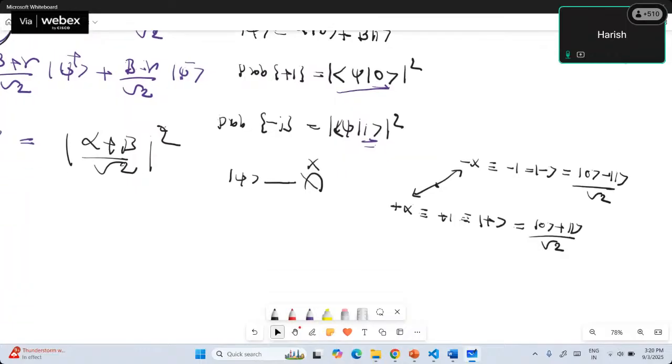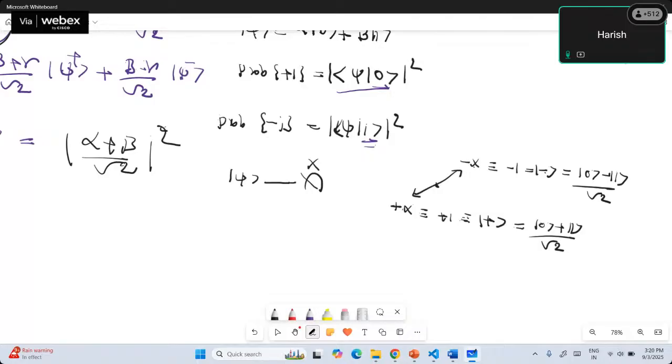So in the X basis, if you measure, you can get plus X axis or minus X axis. The plus X axis we call a plus 1 result, and if you measure minus X axis, we call it a minus 1. Those states are called minus and plus states, and their equivalents in the Z basis are 0 minus 1 by root 2 and 0 plus 1 by root 2.